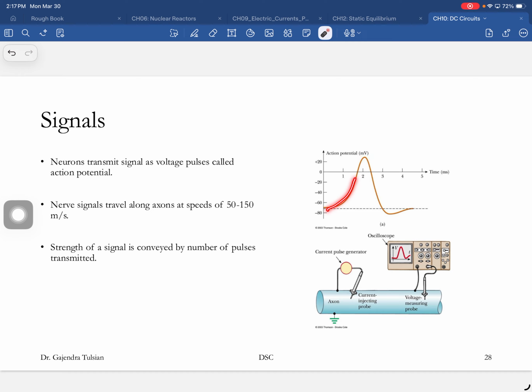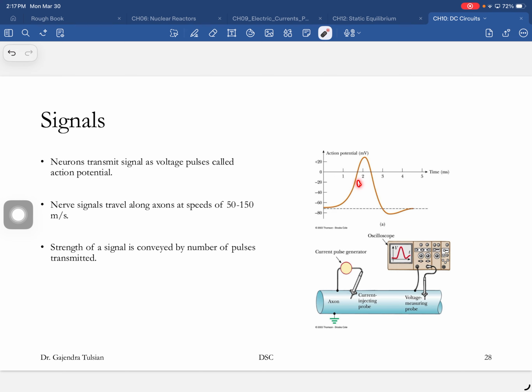The aqueous environment of the body is much like seawater. So outside the axon, what you have is sodium and chlorine ions, like seawater outside. And inside you have potassium and large negative ions.